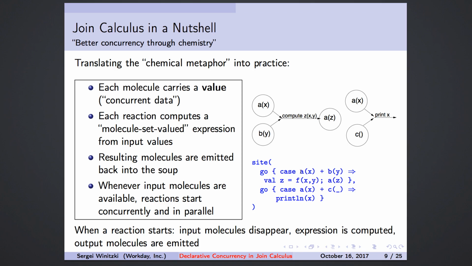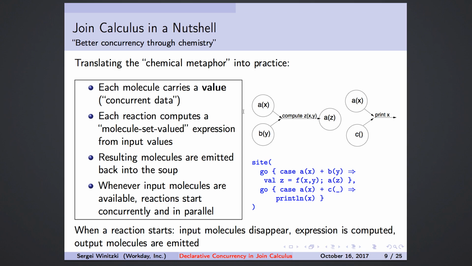So basically you just write the chemical law almost purely declaratively: A plus B goes into A. Now these computations are necessary because we want to put a new value Z onto the new molecule, and so you write them inline as a function, like this. The second reaction takes A and C. Now C here does not have a value, it has an empty value. We model this with a unit type. So C has a unit type.